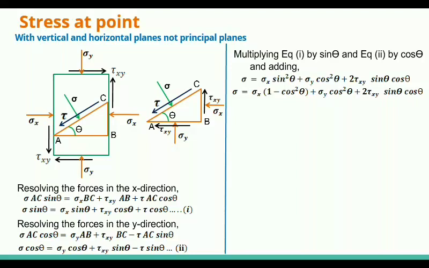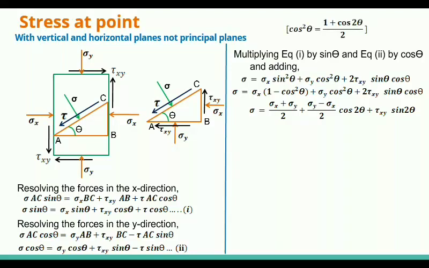So you can break sin square theta in the form of cos square theta, and cos square theta you can write in the form of cos 2 theta. This formula is mentioned in the right corner, that is cos square theta is equal to 1 plus cos 2 theta divided by 2.